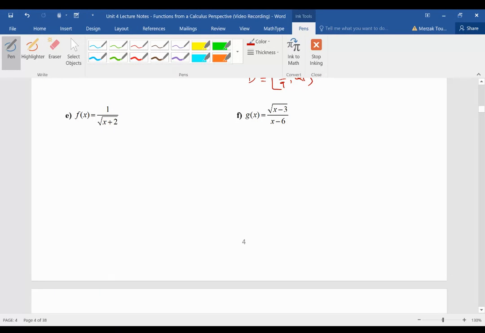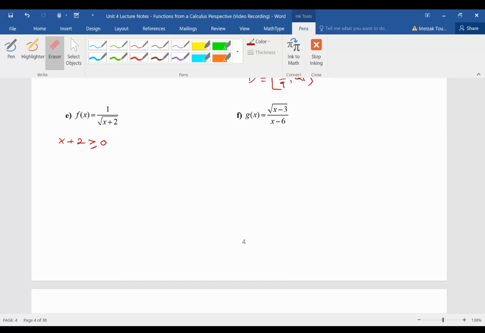In example E, we have two things to worry about. First of all, x plus 2, which is inside the square root, must be positive or 0. However, this time the square root is in the denominator of this function.